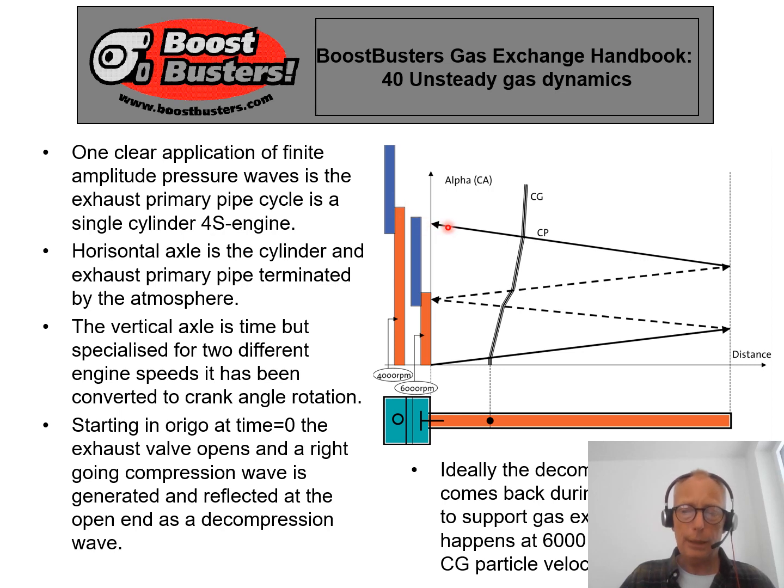There is a potential danger at a certain engine speed that the compression wave actually comes back and has the opportunity to hit the engine before the exhaust period is over. And then the tuned exhaust pipe intended to support the engine at 6,000 RPM at 4,000 RPM can do the opposite.